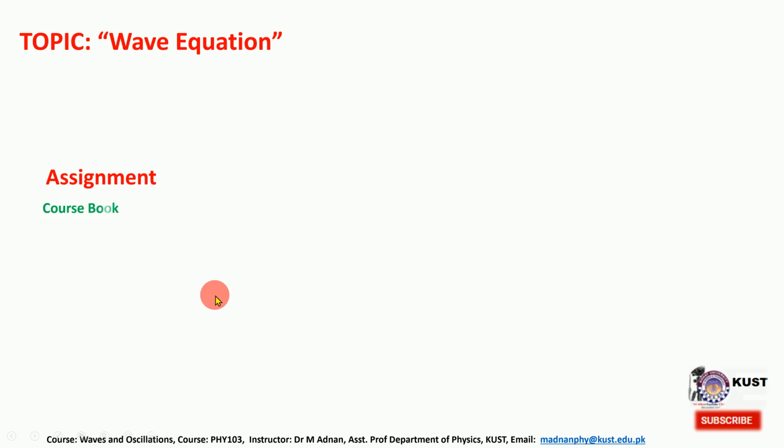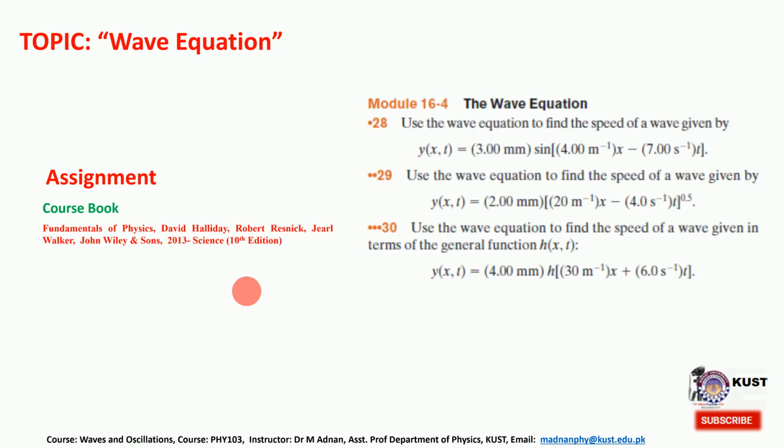Now, you need to solve these three problems, which are based on the wave equation. The function is given, all the information is there. This is the ym, this is the k, this is the omega, and then you need to find out, for example, in the first question, the speed of that wave. So remember, you need to use the wave equation.